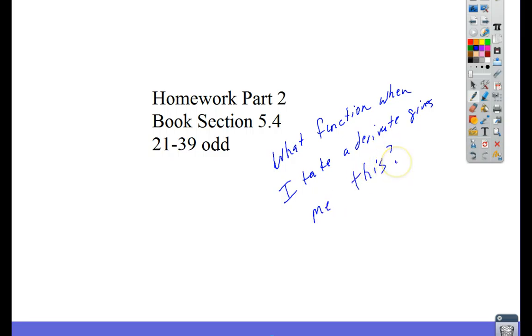Look at that function, that piece there, and ask yourself that question every time, and you'll be fine.